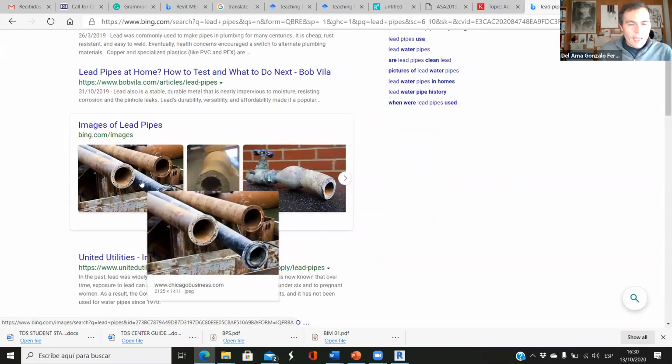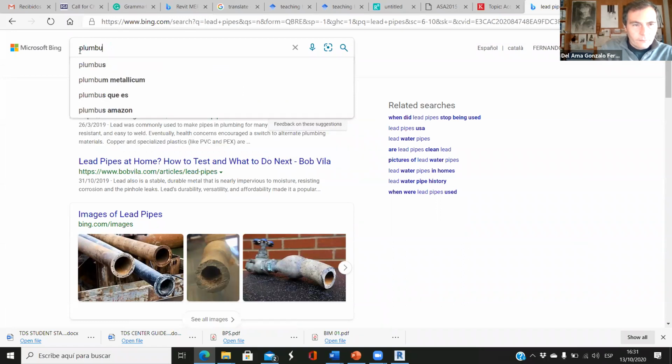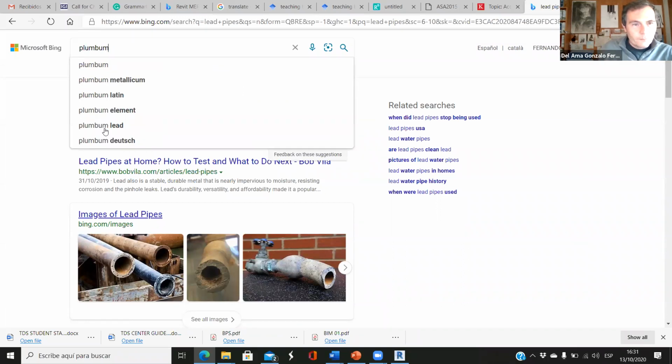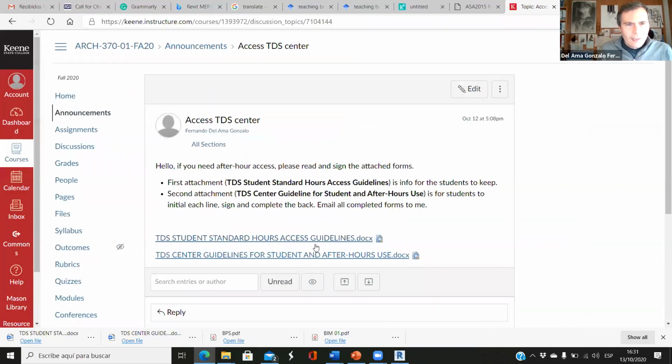So those were very common at the beginning of the 20th century and yeah, even until the 50s. But this lead, which is plumbum, okay, so plumbum is lead. So that's why the plumbers are plumbers, because they used to work with lead, with this material. Okay. I can teach you Latin, but not today.